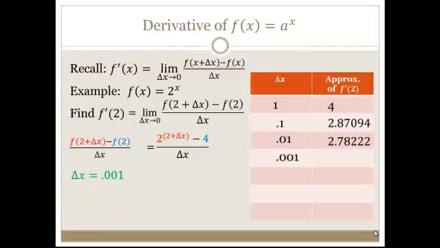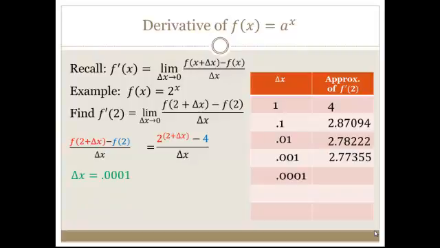Carrying on to delta x equals 0.001, we calculate our approximation to be 2 to the 2 plus 0.001 minus 4 all over 0.001, which comes to 2.77355, which agrees with our last approximation in the first decimal place.